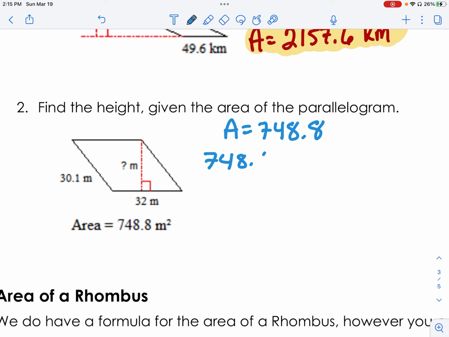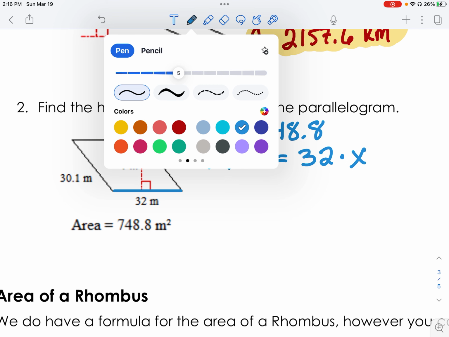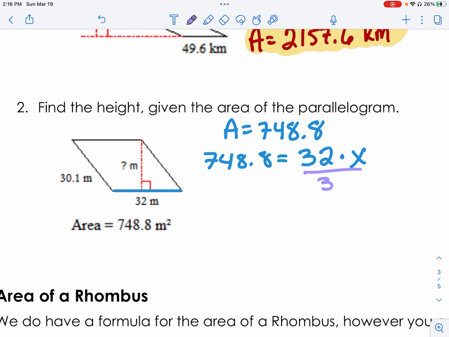So 748.8 equals, well, I know that my base length here is 32, times, let's just call our height x. To solve for x, I have to divide by 32. And when I do 748.8 divided by 32, I end up with 23.4 meters equals x, or in other words, my height.